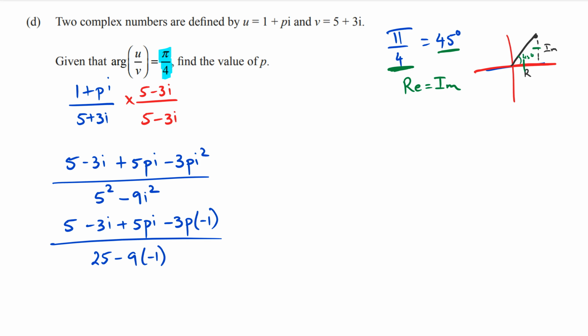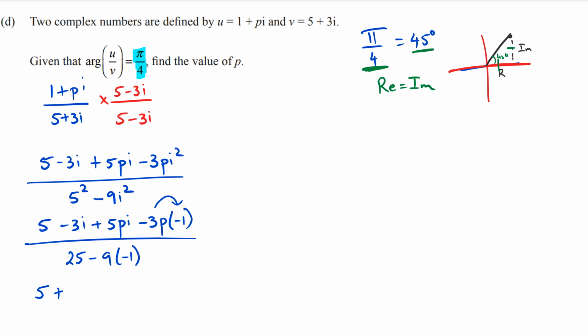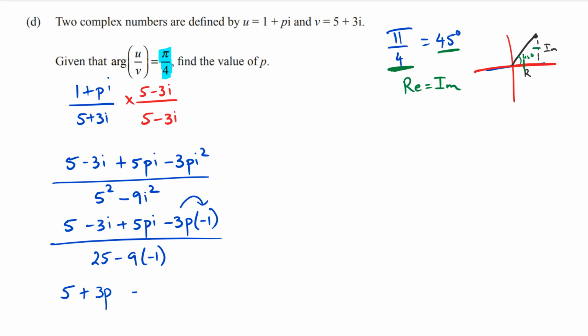So in the numerator, our real parts are going to be 5 plus 3p, because negative 3p times negative 1 is plus 3p, minus 3i plus 5pi, and that whole thing is over 34.